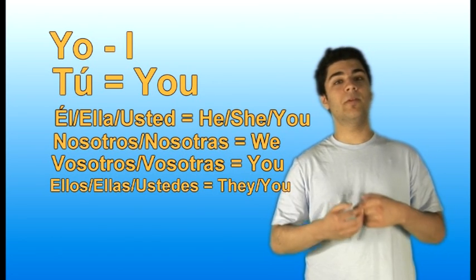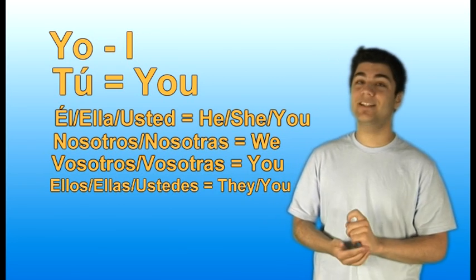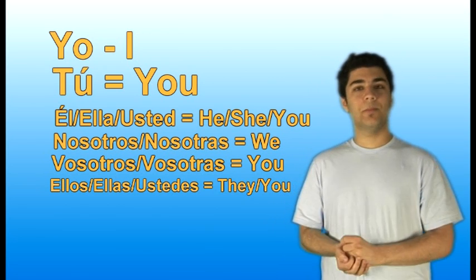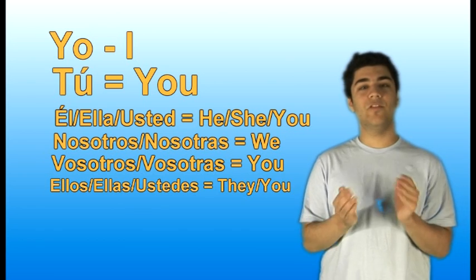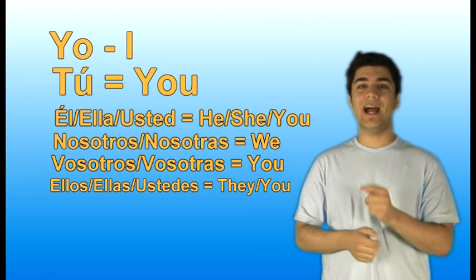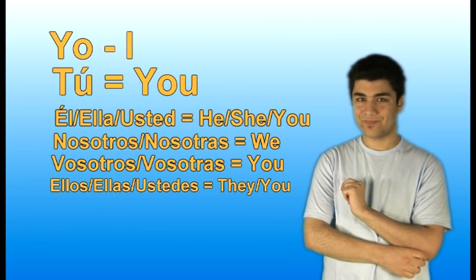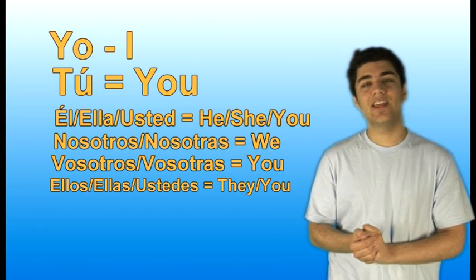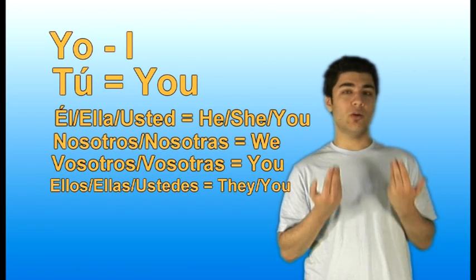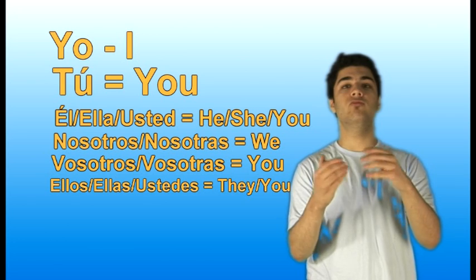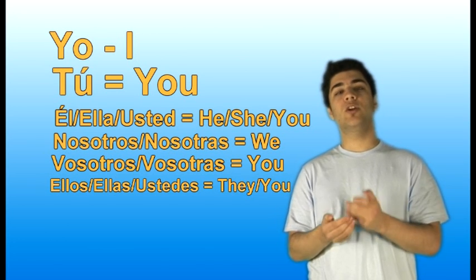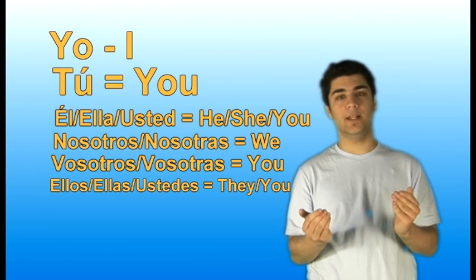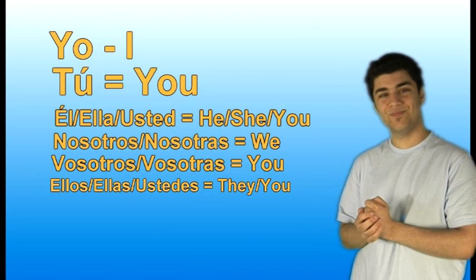If I'm talking to a group of male and a group of female people, I'd still use vosotros. But if I'm talking to a group of female people informally, I'd use vosotras. So ustedes is used for people you don't know well, but a group of people. So a group of people formally is the better way to put it.